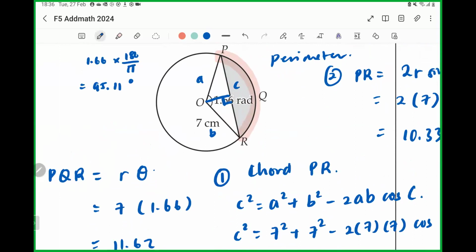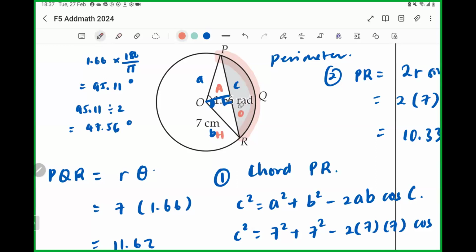To use SOHCAHTOA, I will need one of the angles here. So 95.11 divided by 2 gives 47.56 degrees. Then opposite is here, adjacent is here, hypotenuse is here. You are finding this length.